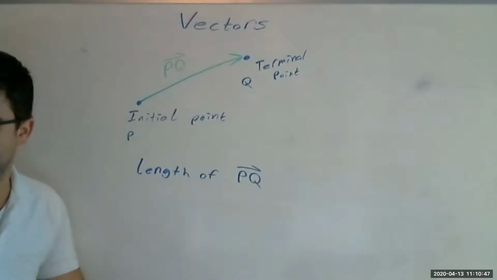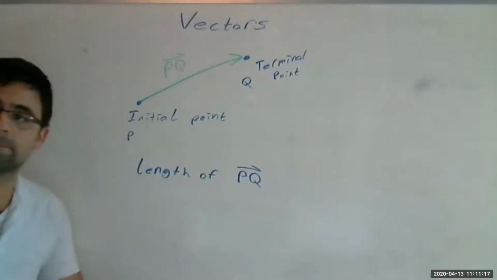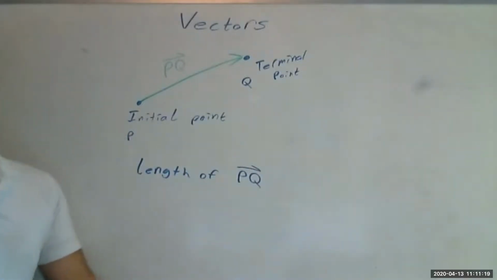How do you find the distance between 2 points on a graph? Well, okie dokie.